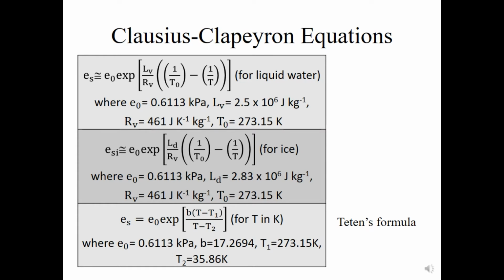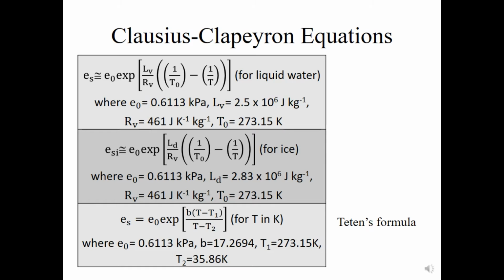And it has a similar functional form to the Clausius-Clapeyron equation. And in this particular one, you use temperature in degrees Kelvin, and you have a constant B, and you have a reference temperature T1, and you have a reference temperature T2, and you put the actual temperature in here, and you can get a very accurate estimate for the saturation vapor pressure as a function of temperature using this formula.